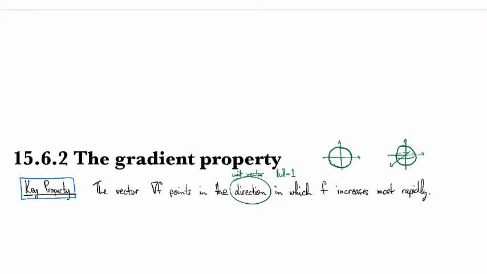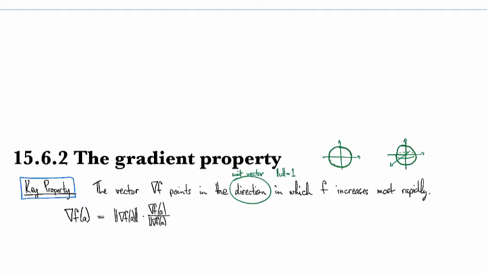Okay, so now let's write something blazingly obvious. If I've computed the gradient of f and I evaluate it at a location A, so A is some vector in Rn here, then I can write this as magnitude gradient of f times gradient of f over magnitude gradient of f.